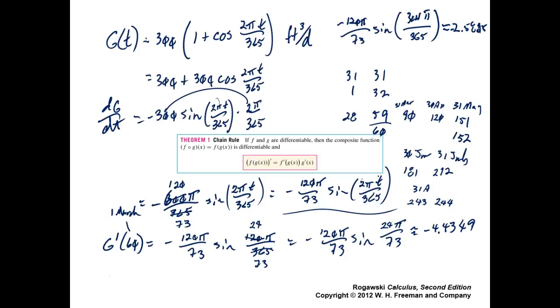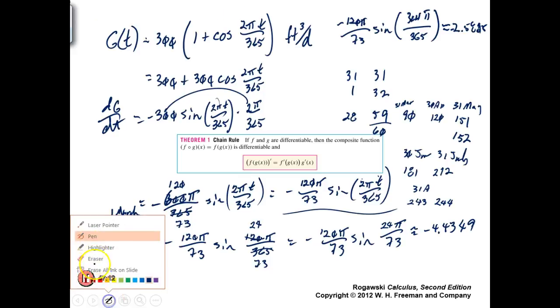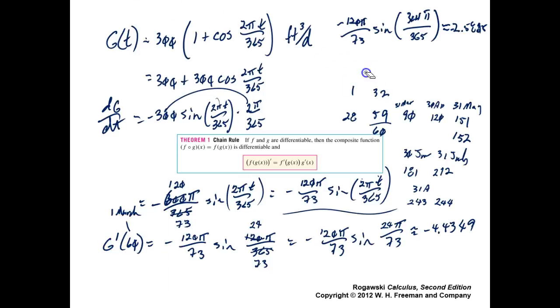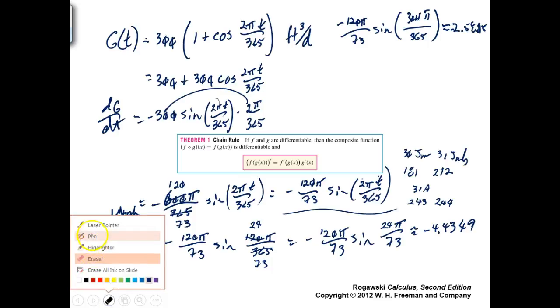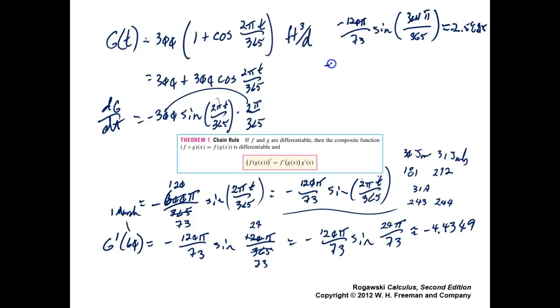Okay? So on this one, what I'm going to do is erase some of this that I'm not using because we've already done all those. It'll be a negative 120 pi over 73 times the sine of, it's 2 pi times t.